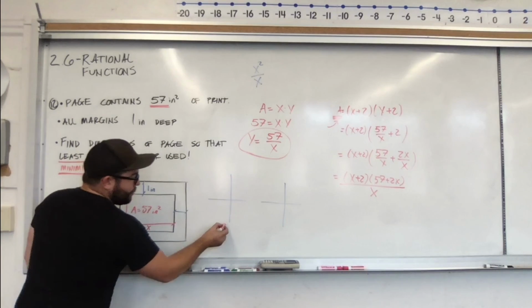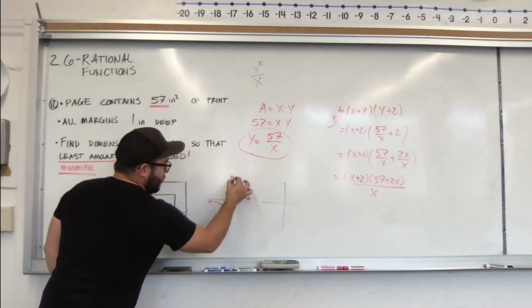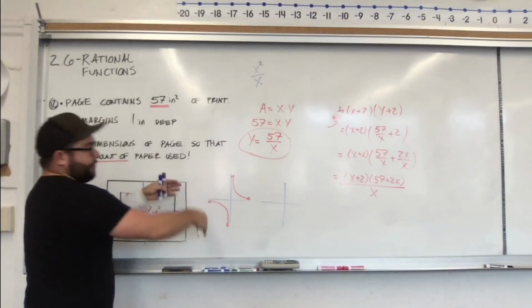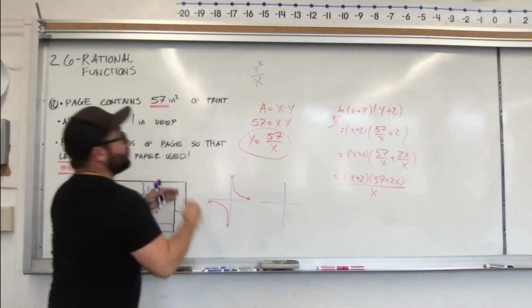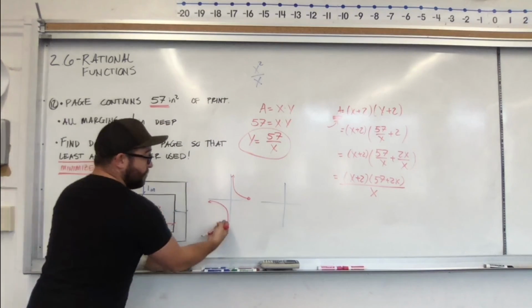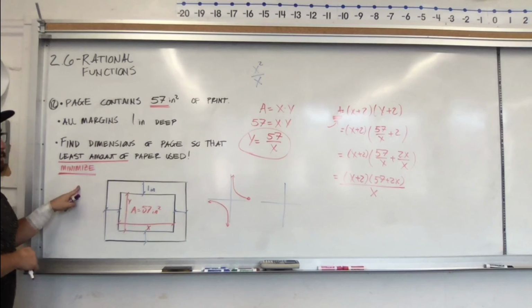If we have more traditional rational graphs like this, we don't really have any local minimum. It's either dropping off forever or slowly reaching out towards infinity. So if the degrees were the same or greater down below, we get something like this, but we have no way to find the least amount or minimize that.